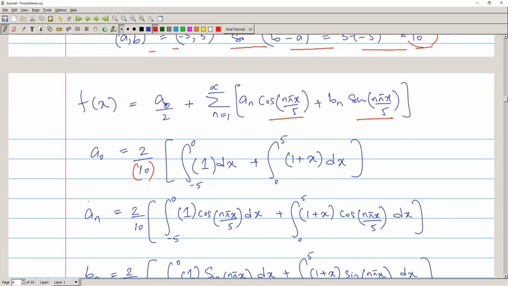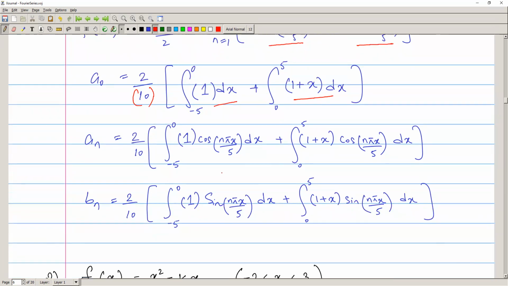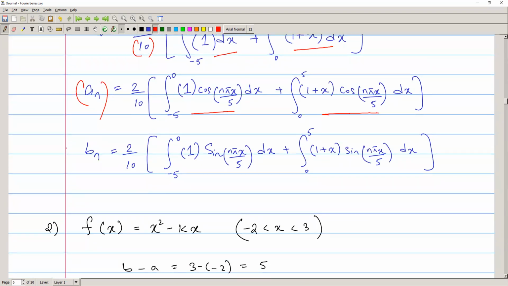So 2 over b minus a is 10. Then applying the integrals piecewise for a naught and similarly for an, right? You can see this. And then similarly for bn. And at the end, we will generate a series, right?